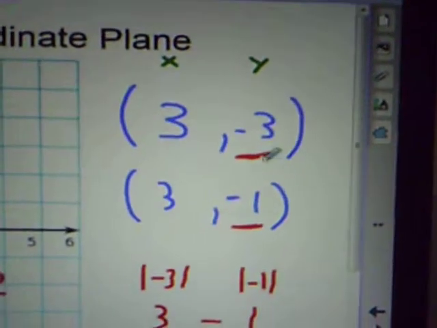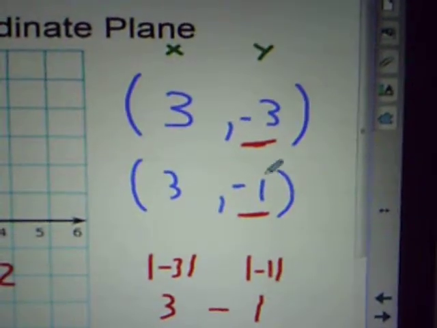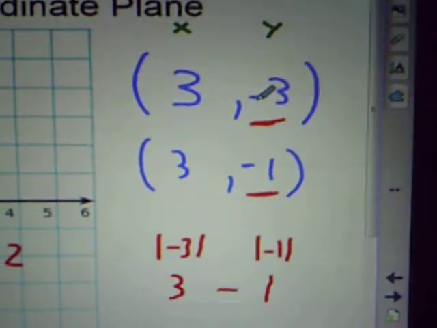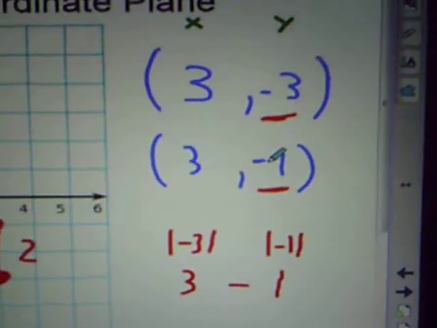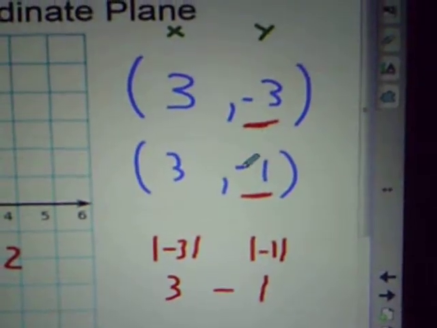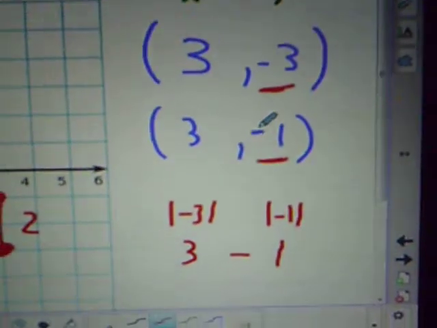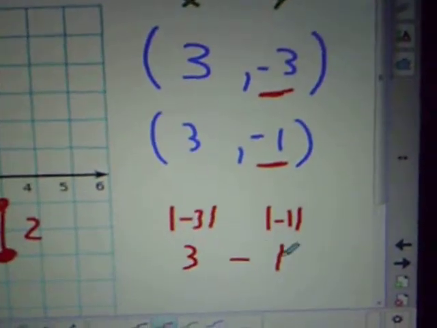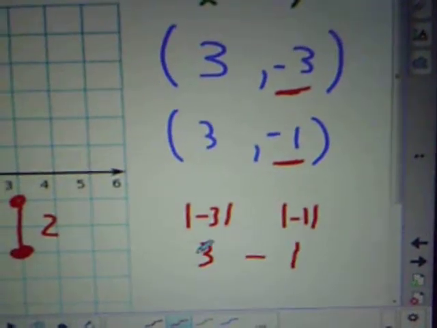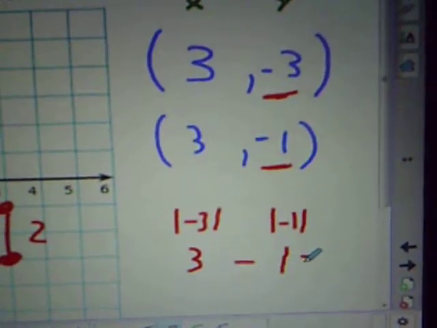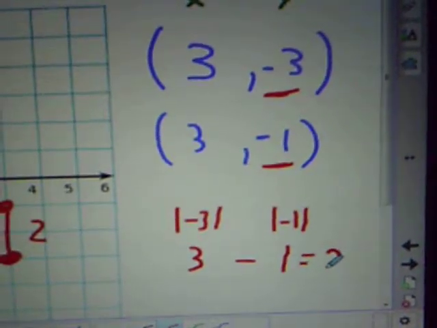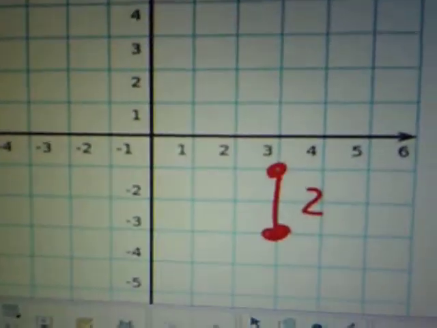In the last example, we had one positive, one negative, and therefore we added. But if they're both the same sign, such as both negatives or both positives, then we actually subtract the absolute values. So 3 minus 1 gives us 2. Same thing we got here.